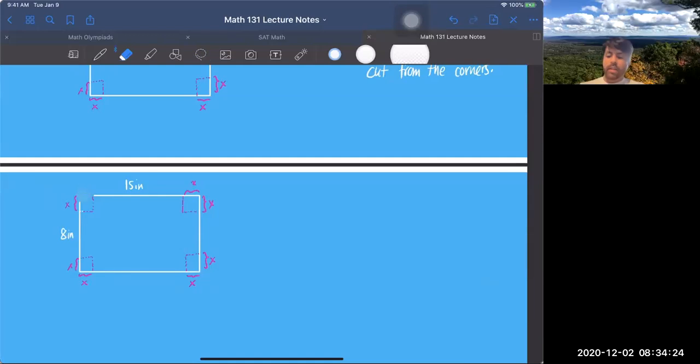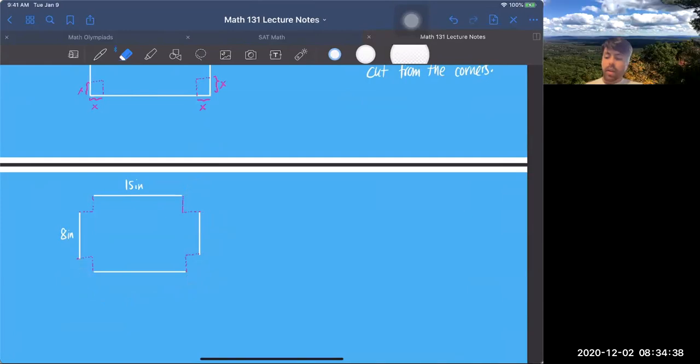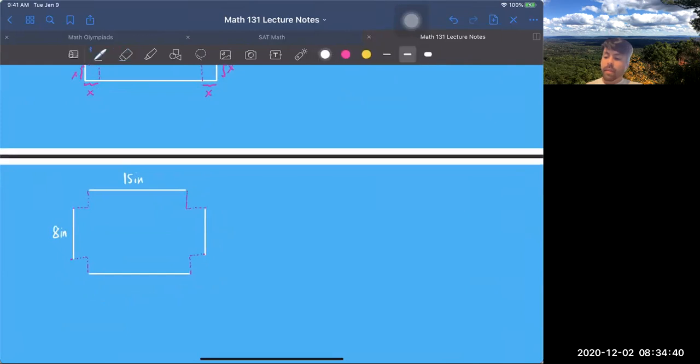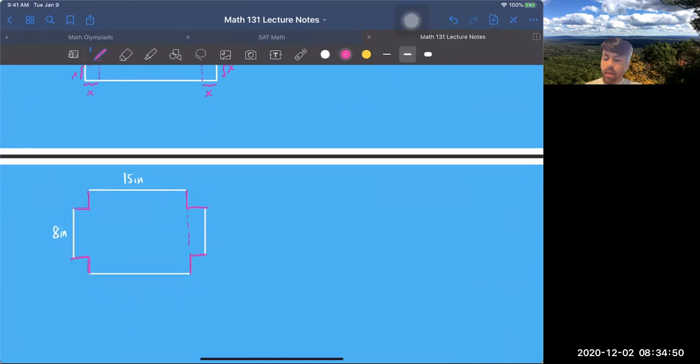So let's erase this. Do you see this? I don't have this anymore. And then these are the flaps that they speak of, and we're going to fold those up.